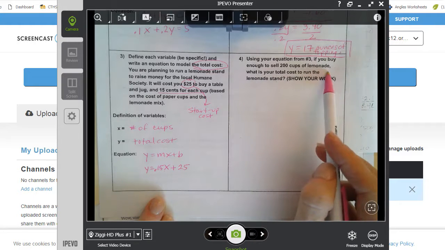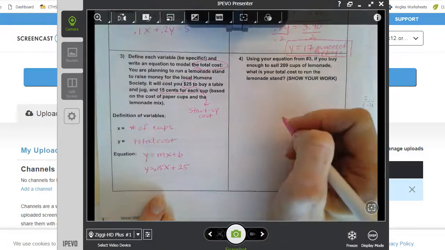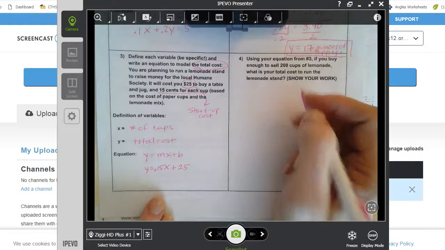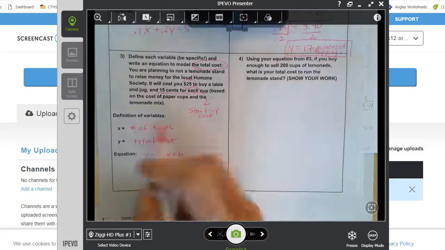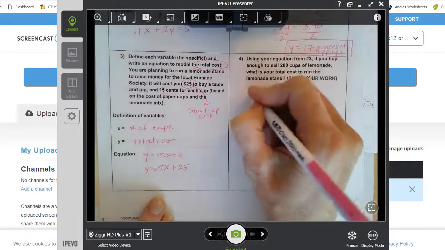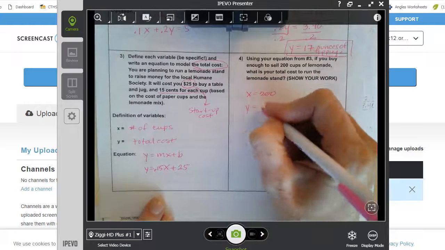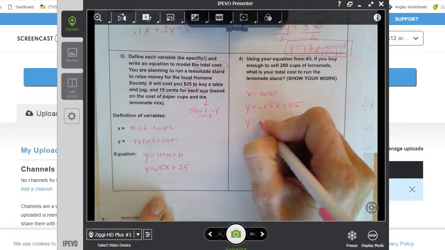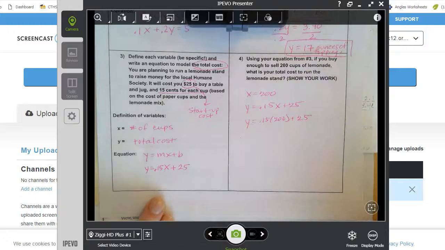Now I'm going to use that equation. They want to know what happens if I plan to sell 200 cups of lemonade. What's my total cost? If I'm planning to sell 200 cups, then I've got to buy enough paper cups and lemonade mix for 200 cups. So x, number of cups, is 200. Now I'm going to use my equation, y equals 0.15x plus 25. See if I can use some mental math here.